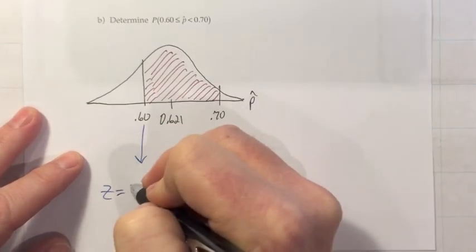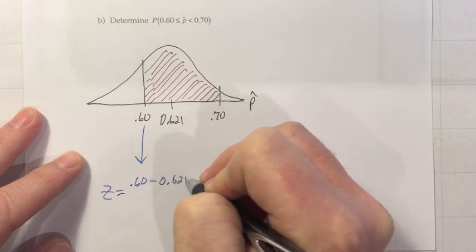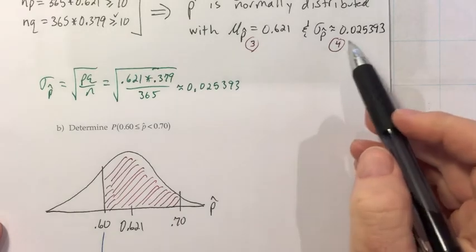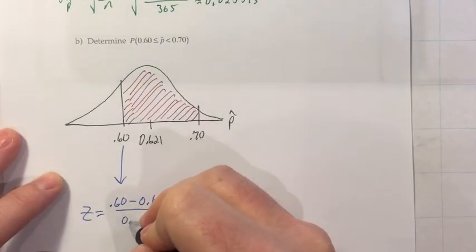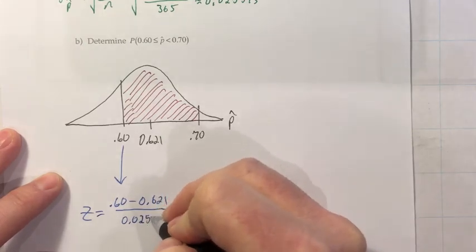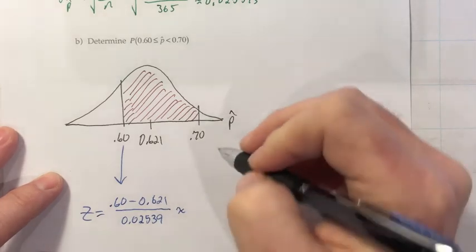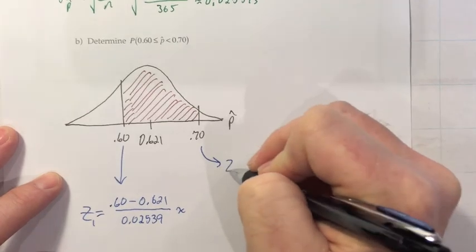So z would be the boundary value, 0.60, minus the mean of the p hats, 0.621, and then divide that by the standard deviation of the p hats, which is right there. So I'll write that number down there, 0.025393. And we'll put that one in the calculator, but we'll also want to get a z for this one, so I'll call this one z1.